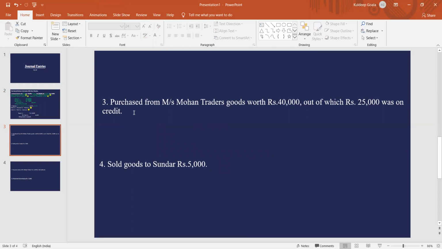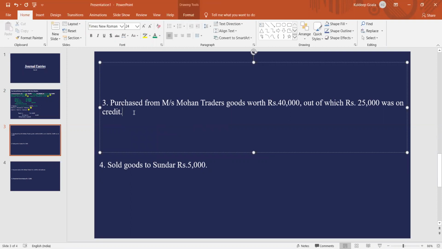That is purchase from Mohan Traders. Okay, so what do you understand by the transaction? Purchase from Mohan Traders means we are purchasing goods from Mohan Traders worth rupees 40,000, and it is told that out of which 25,000 was on credit.